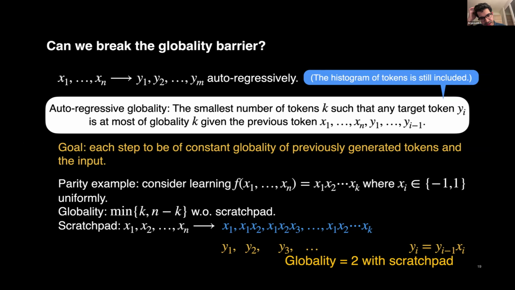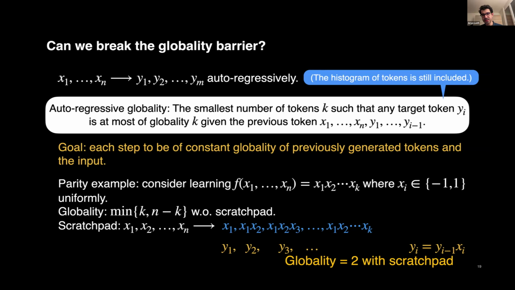As you can see, the globality in this setting is basically 2, because each of these cumulative parities can be computed based on only 2 tokens, which are the previous cumulative parity and 1 input bit.